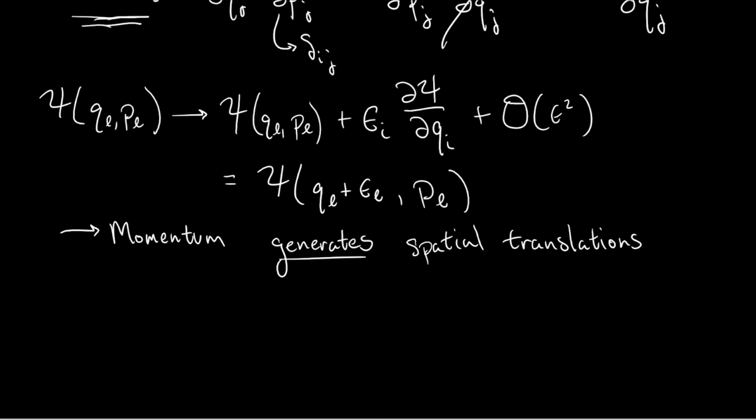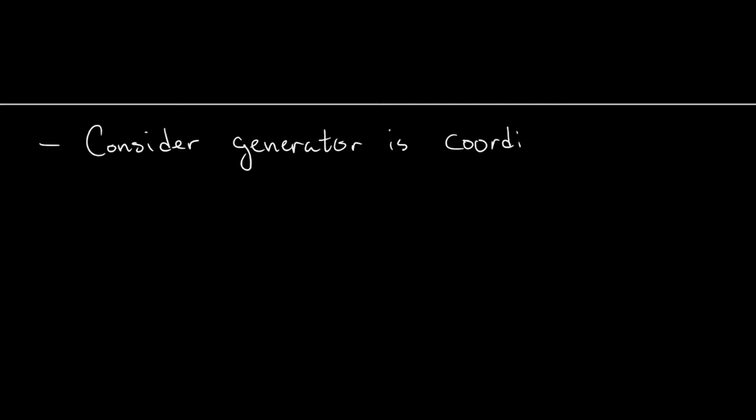Now we can do a similar thing, where we consider what happens if the generator is a coordinate, q_i.